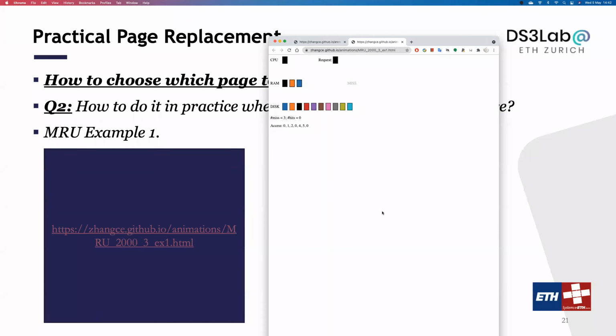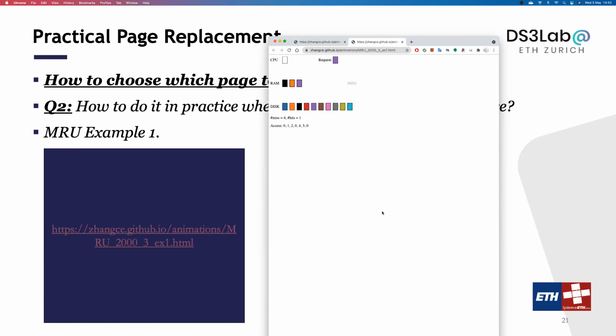Then when I access the blue one, I'm lucky it's already in my buffer, so I can serve it from my buffer to my CPU. Then I'm going to read the purple one. In this case, I evict the blue one because that's the most recently used. I bring in the purple one and serve my CPU.